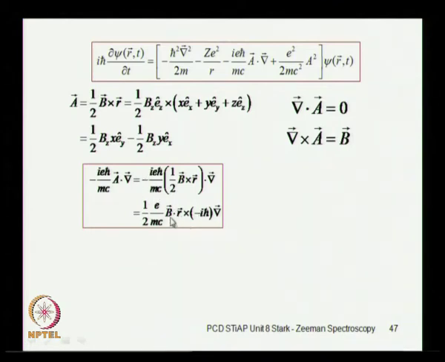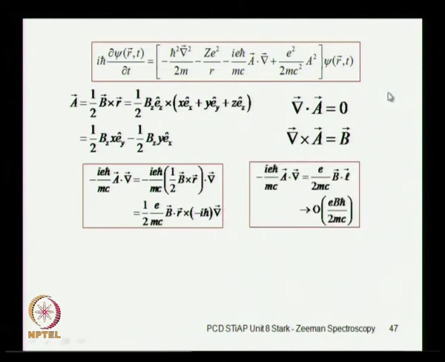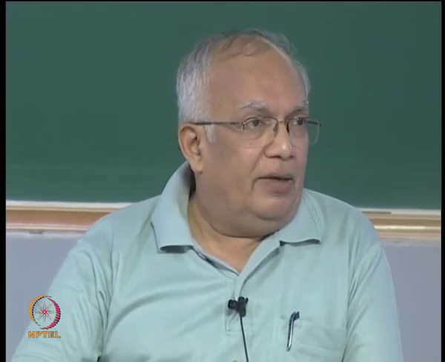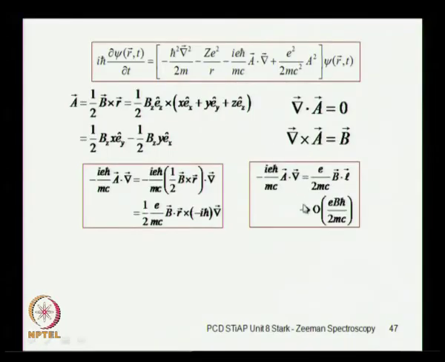So, you notice that this is B dot r cross p, or B dot L. r cross p is the angular momentum operator. So, you get the angular momentum operator B dot L, and this operator will be of order eB over 2mc multiplied by the order of the angular momentum, which for our consideration we take to be of the order of the Planck's constant. So, that is the order of magnitude of this term.